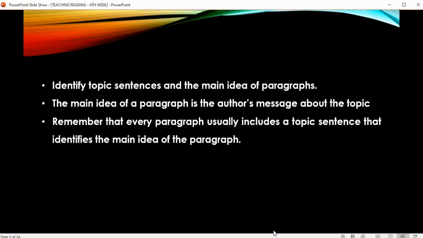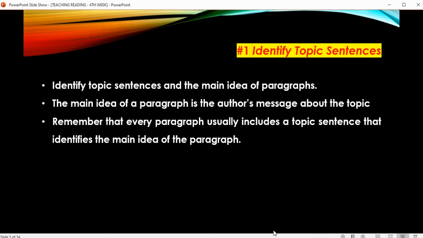And also the main idea, remember, is the author's message about a topic. Remember that every paragraph usually includes a topic sentence that identifies the main idea of the paragraph. So don't forget this. So we're going to use some exercises to encourage them to make our students identify, recognize topic sentences.